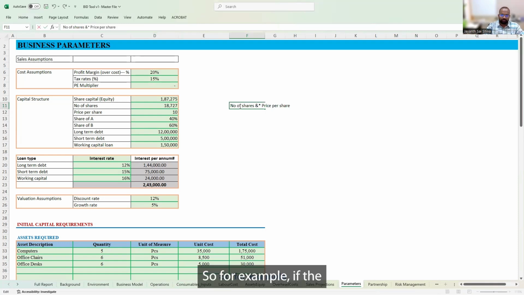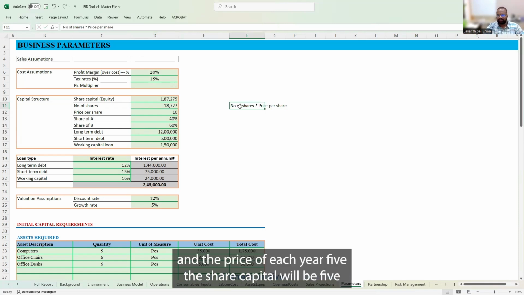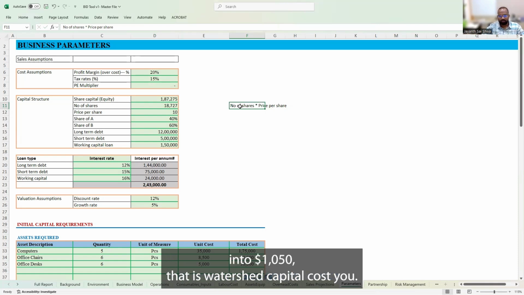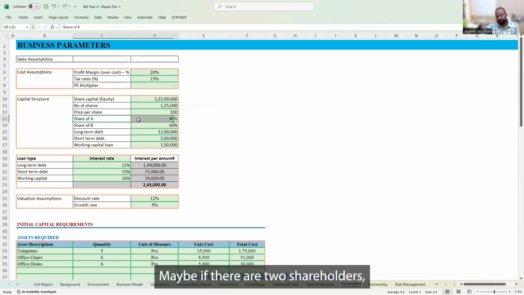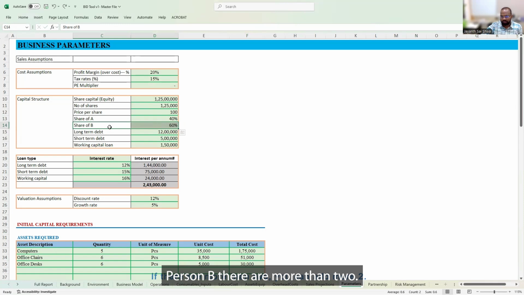For example, if I have 10 shares and the price of each share is 5, the share capital will be 5 times 10, $50. That is what share capital is over here. Once you enter that share capital, you also write, if there are two shareholders, the share of person A and person B. If there are more than two, you can add more people.